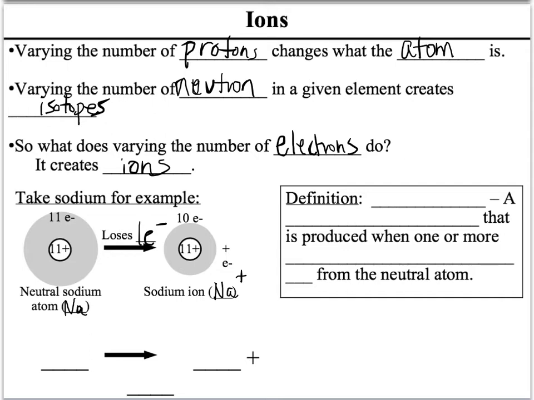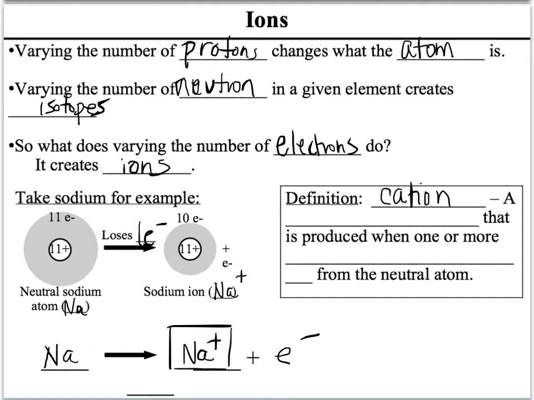Alright, so if we were to write this out more as a formula, less visually, we would write Na yields Na+ plus an electron. Now, these positive ions are called cations.